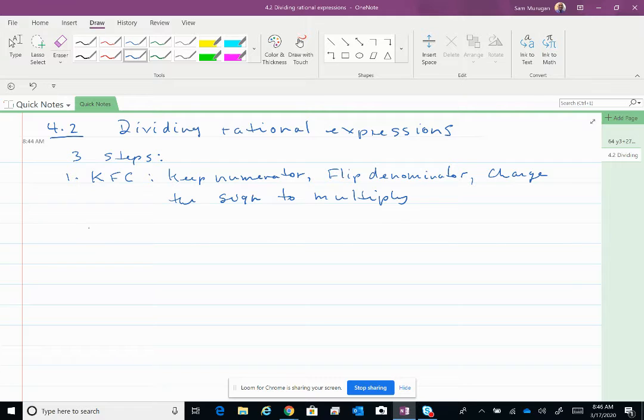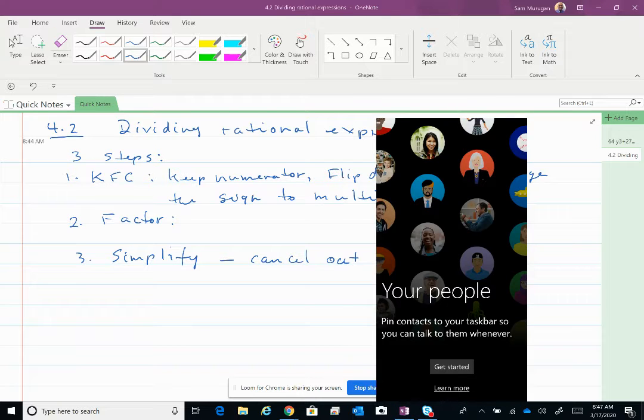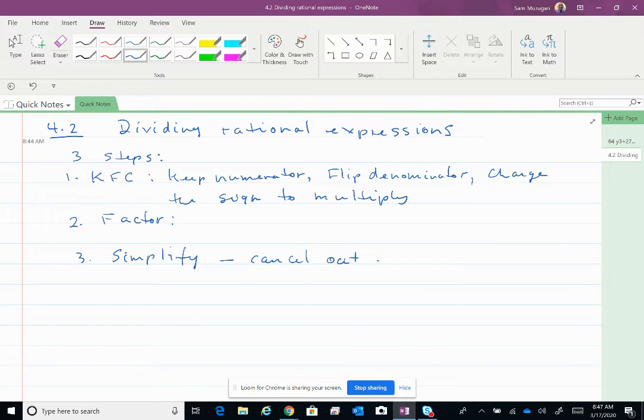The second step would be to factor. And the third step would be to simplify. By simplify, we mean to cancel out anything that we can possibly cancel out.